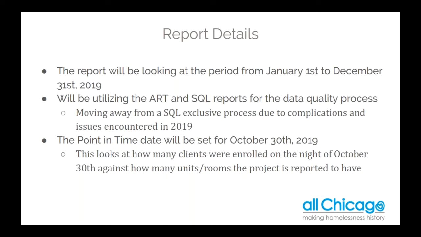And so the report time period is going to be looking from January 1st to December 31st, 2019. I know that sounds like a long time, but what it really means is that we're looking at Q4. It's just that we need the rest of the year to provide further context. And also, it'll be a really great cleanup for any sub-assessments that you may have, sub-assessment mismatches, because if you remember in the process last year, sub-assessments were effectively broken on that SQL data quality report.